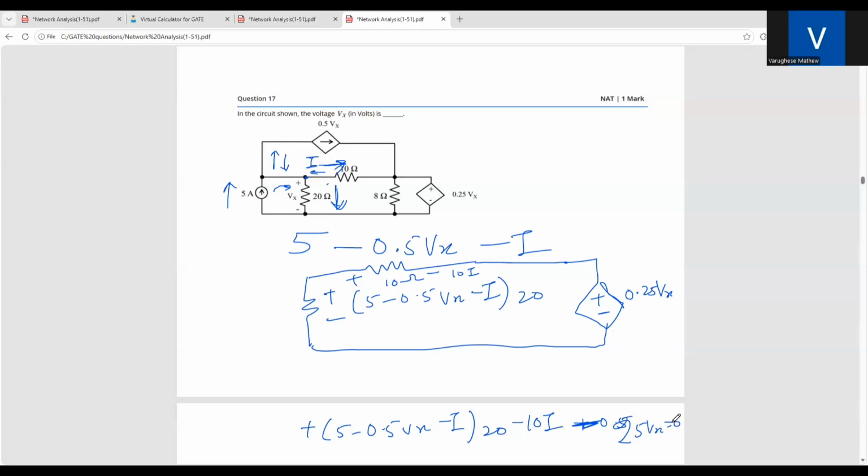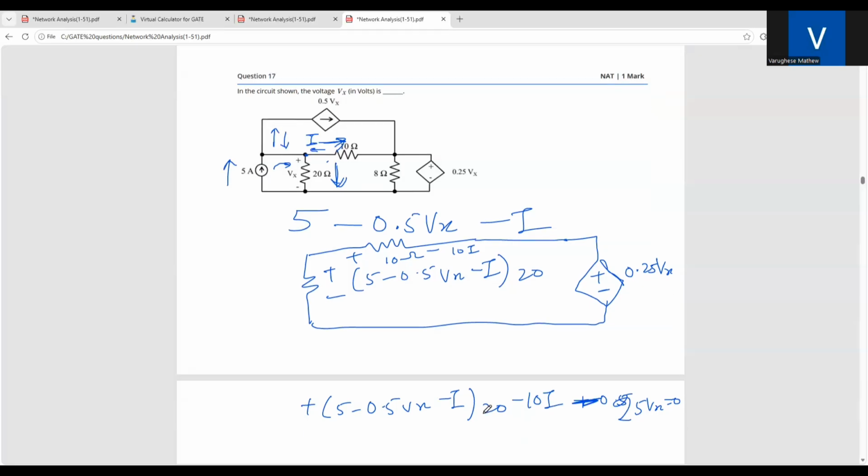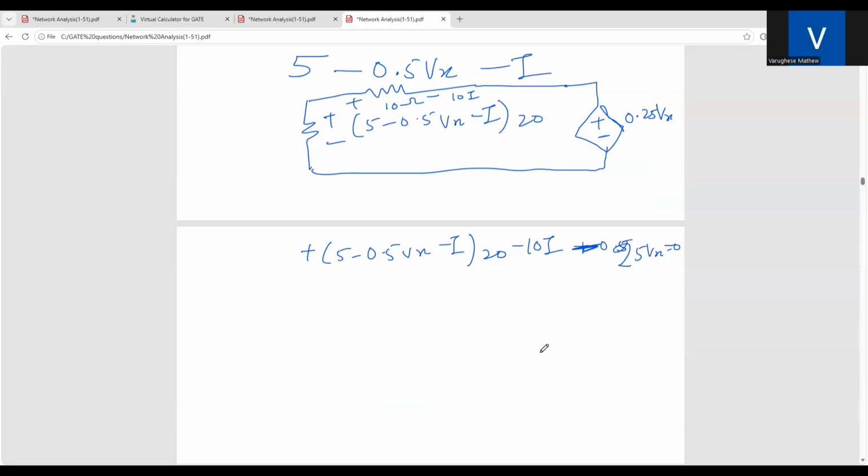So tell me, what is 5 into 20? 100. 0.5 into 20, 10. Minus 10 Vx, minus 0.25 Vx, equal to 0.